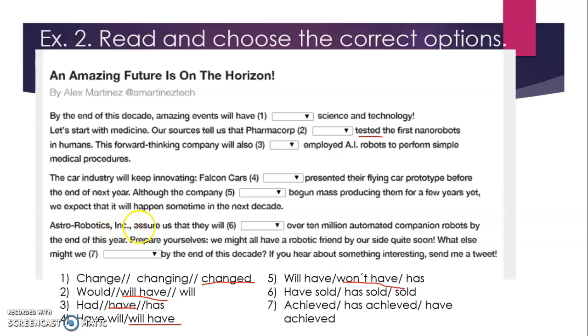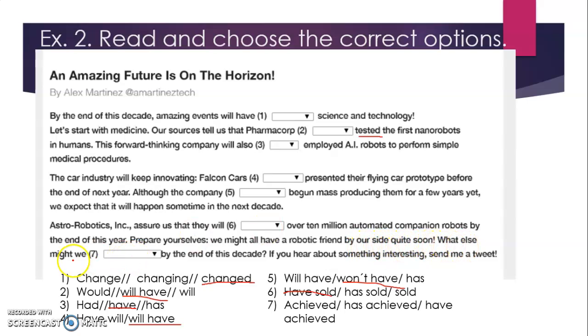Astro Robotic Inc. assure us that they will have sold. Okay, so here you underline have sold over 10 million automated companion robots by the end of this year. Prepare yourself. We may all have a robotic friend by our side quite soon.